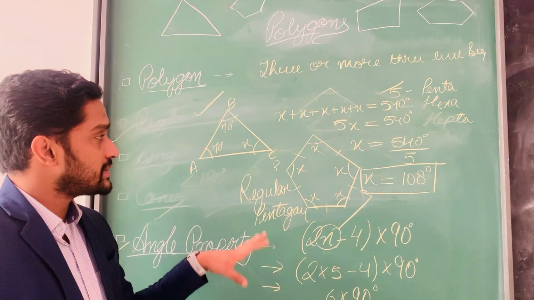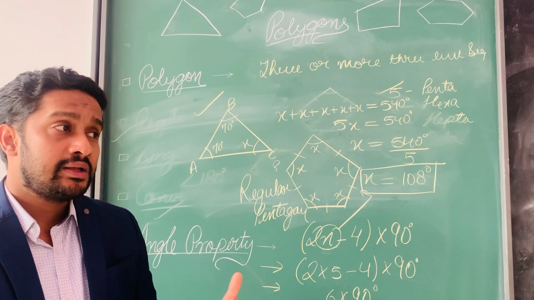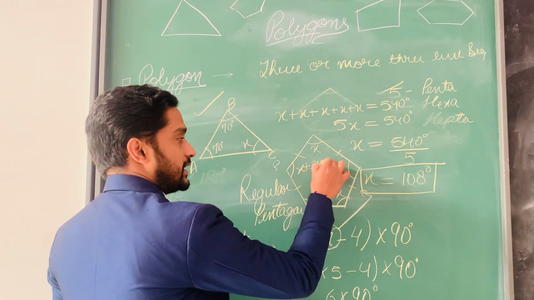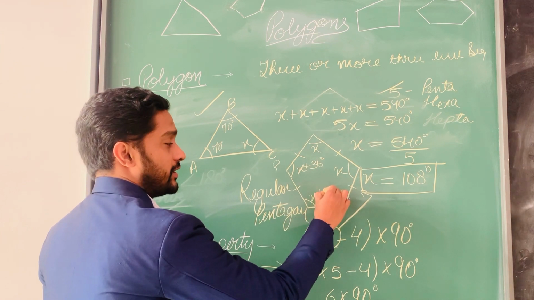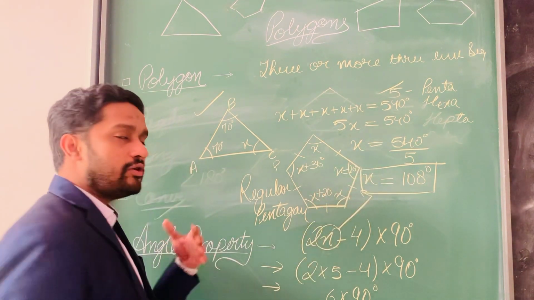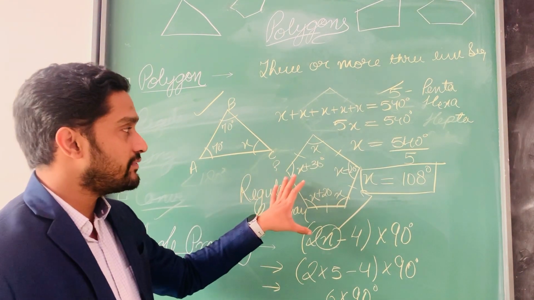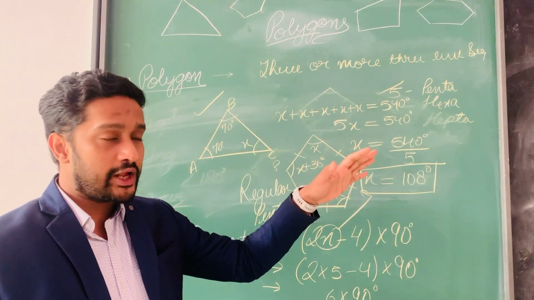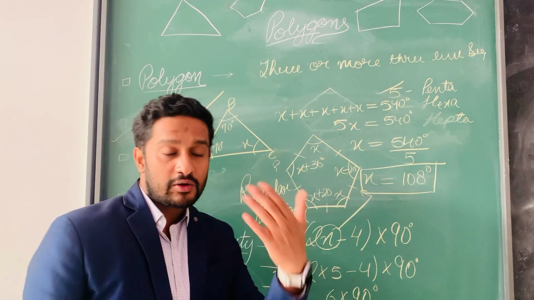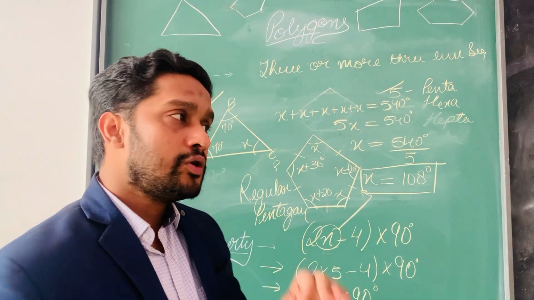Like this, some questions are given there. In some of them they have given irregular polygons, where the angles differ, like x plus 30, x plus 20, somewhere x minus 20. You have to do the same thing. If a pentagon is given, the sum of all angles will be 540 degrees. If a hexagon or heptagon is given, do not worry.